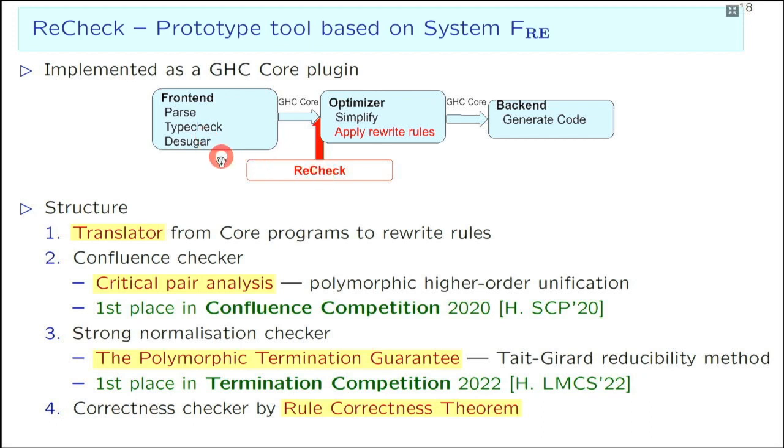ReCheck handles the Core expression after desugaring of the Haskell program. ReCheck consists of a translator from Core programs to rewrite rules, a confluence checker, a strong normalization checker, and a correctness checker by our rule correctness theorem.